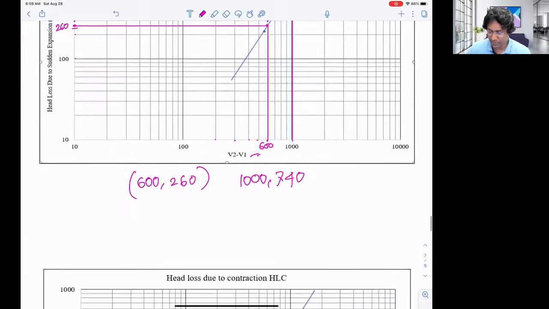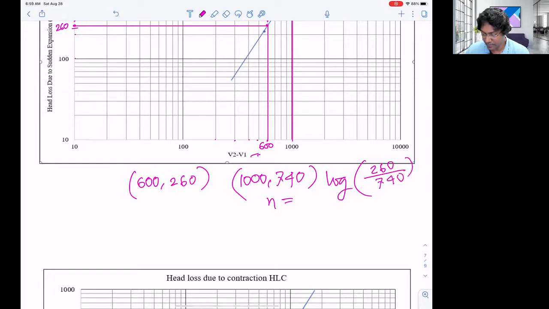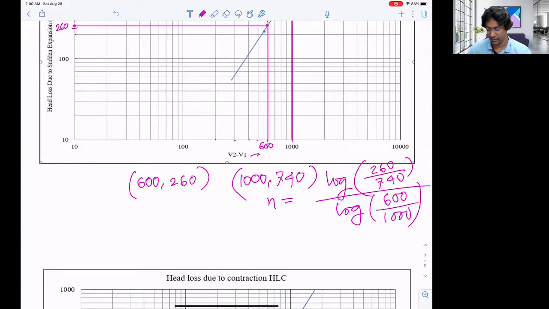So from these 2 points we can calculate the value of n, right? So you know the log, and then it will be 260 divided by 740 and divided by log 600 divided by 1000. Let me calculate that. What will be the value?